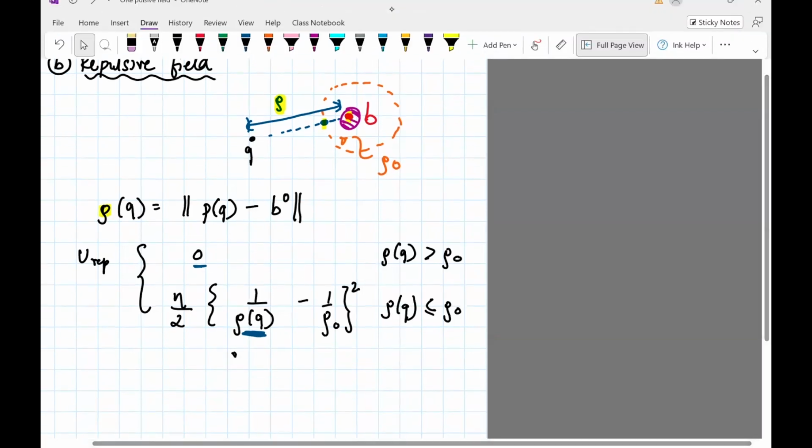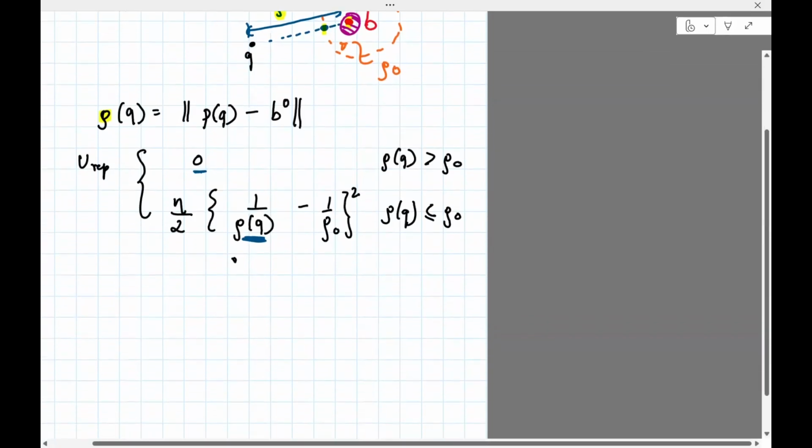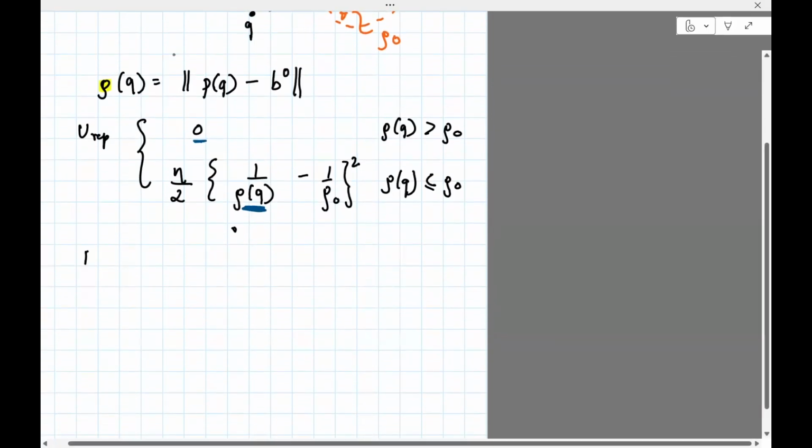With that, we can write the force. The repulsive force is basically the negative gradient of U repulsive.